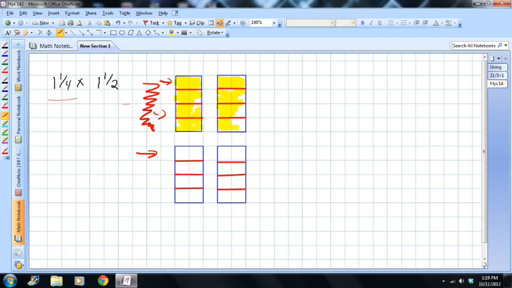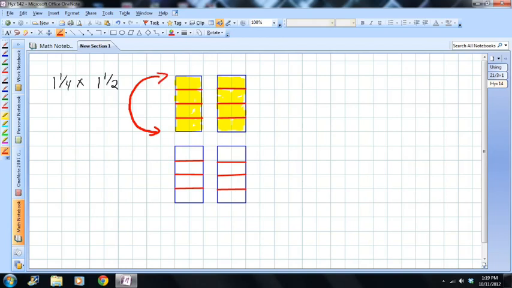So this is one complete row that's shaded all the way down. That's one complete row all the way across.